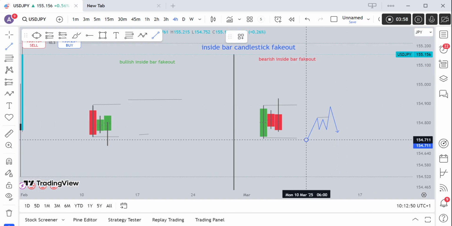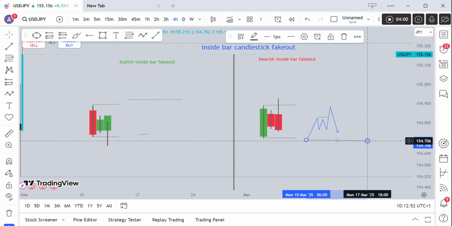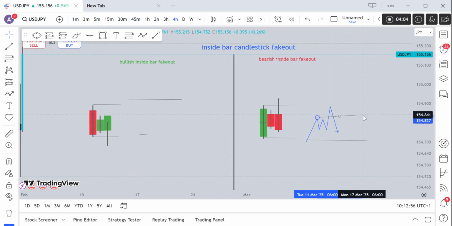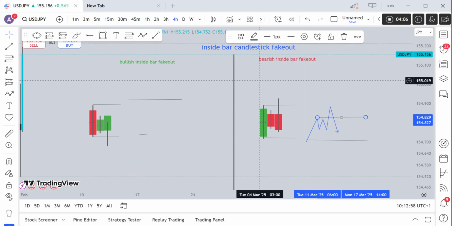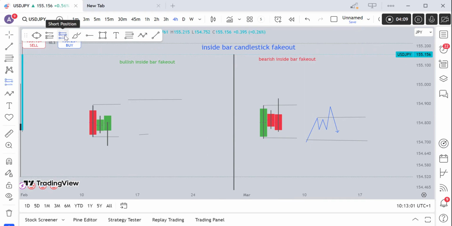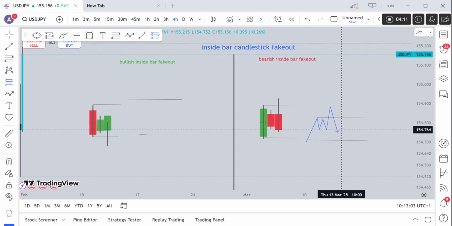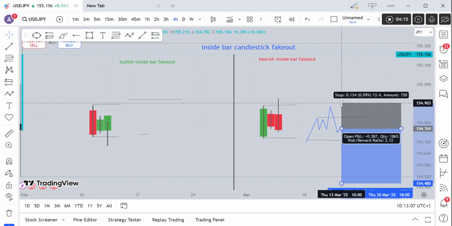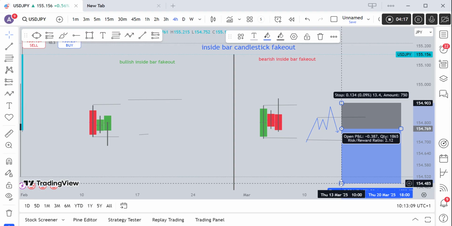The zone here, something like this. Then this is another zone. You have to put your entry here, just like that.